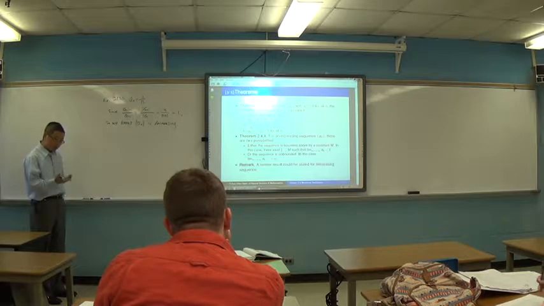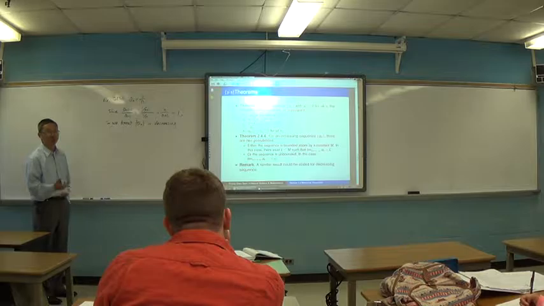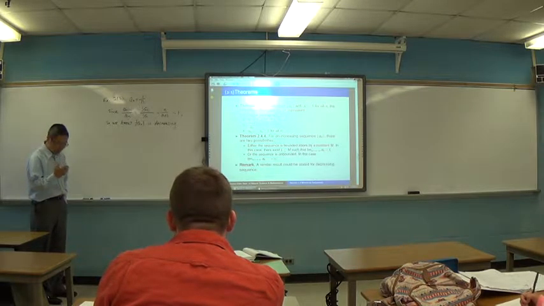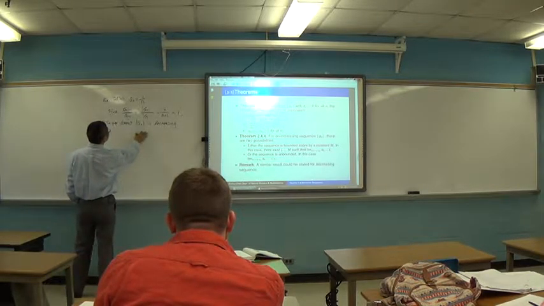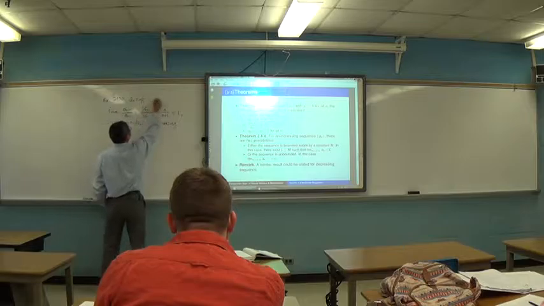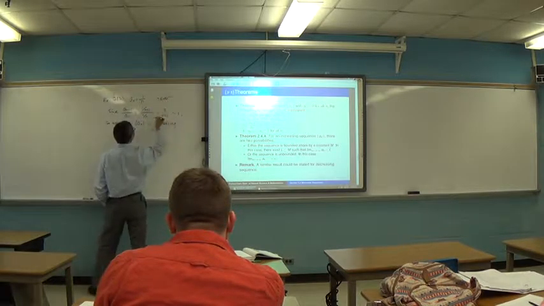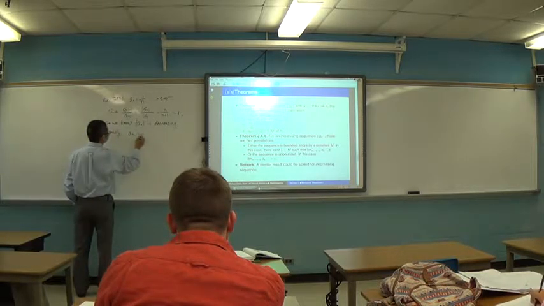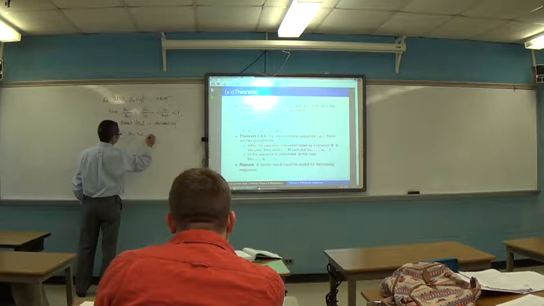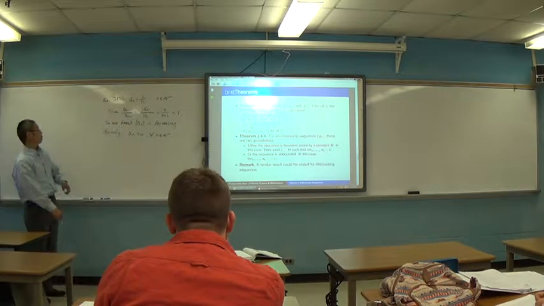Now since it's decreasing, in order to show whether it's convergent, we need to see whether it's bounded below. If it's bounded below, then it's convergent. Now, obviously, n is greater than 0 for all n. n is positive.